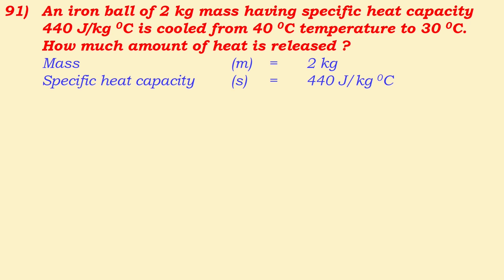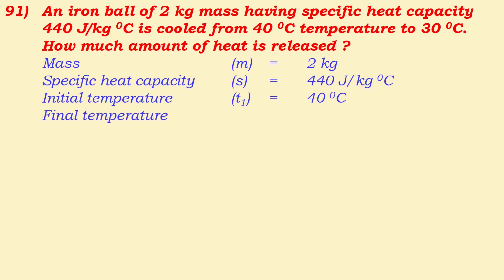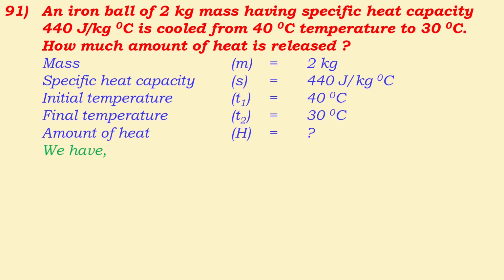Specific heat capacity S is equal to 440 joule per kg degree Celsius. Initial temperature T1 equal to 40 degrees Celsius, and it is cooled down to final temperature T2 equal to 30 degrees Celsius. Have you noticed this? I am taking T2 as final, T1 as initial. It doesn't make any difference. Amount of heat equal to question mark.